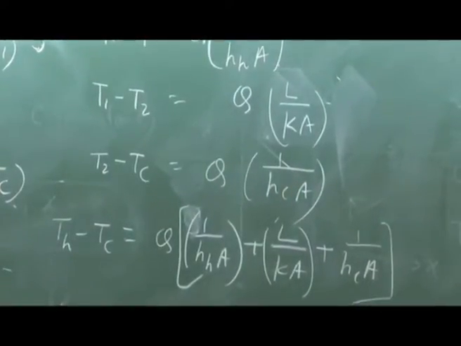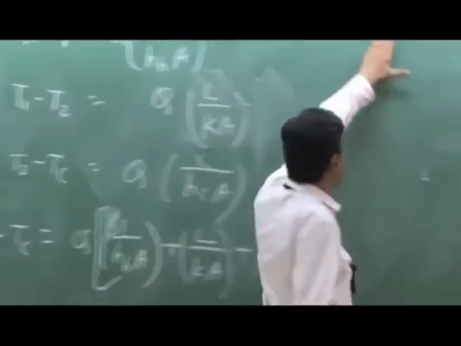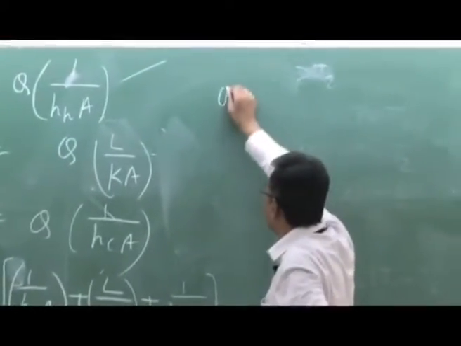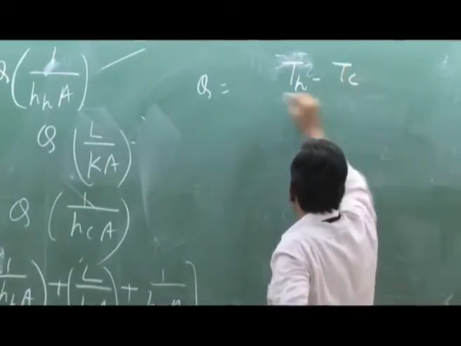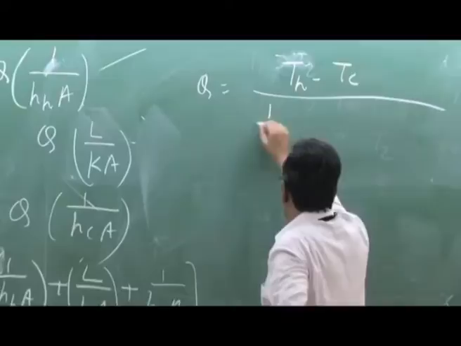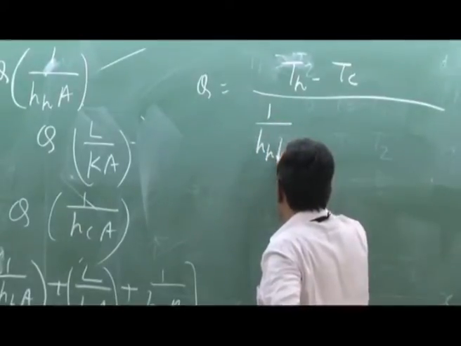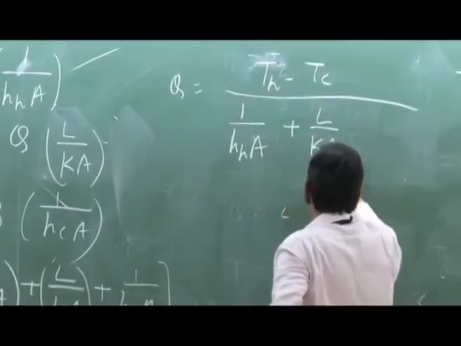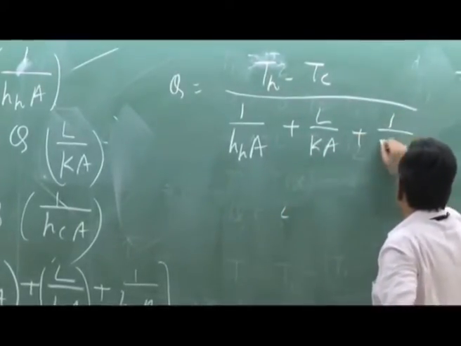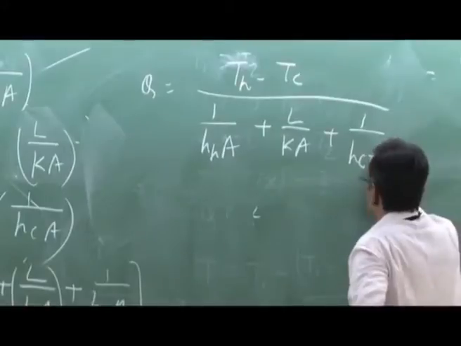That means we can write this as Q is equal to TH minus TC divided by 1 by HHA plus L by Ka plus 1 by HCA.